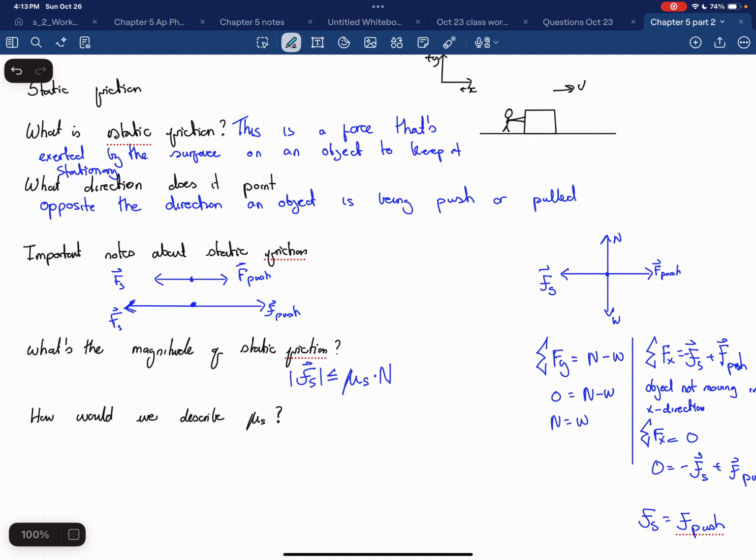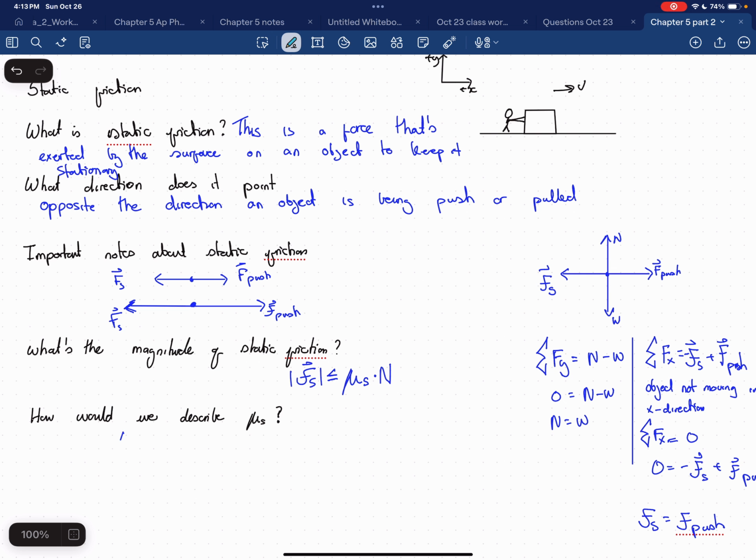This number depends on the two surfaces that are in contact during an interaction. For example, if we have a block on an inclined plane, what's the material of the inclined plane? What's the material of the block? The coefficient will basically tell us how much static friction there is between those two materials. So how would I describe mu sub s?